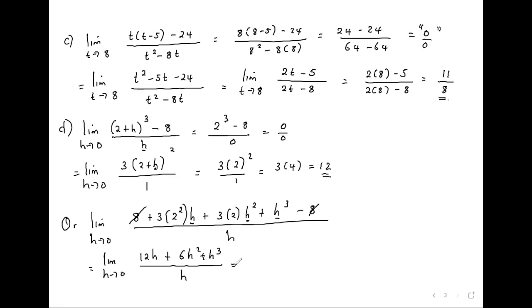Factor out h, so the limit as h goes to 0, then h times 12 plus 6h plus h squared over h. So this h and this one will cancel. Then now we can substitute where there's h. So we'll get 12 plus 0 plus 0, which is 12. Well, we got there.